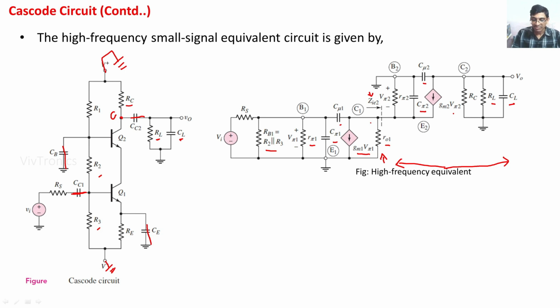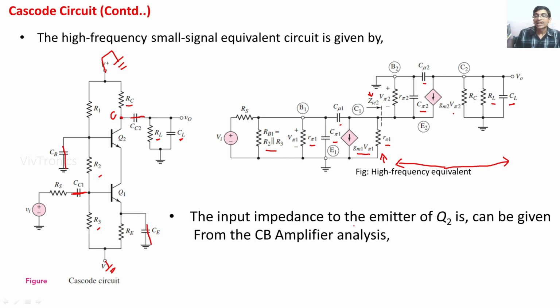That equation we will directly use in the cascode analysis. The input impedance to the emitter of Q2, from the CB analysis, is ZIE2 equal to Rpi2 divided by 1 plus beta, in parallel with 1 by sCpi2. Here only the value of Rpi2 is divided by 1 plus beta.